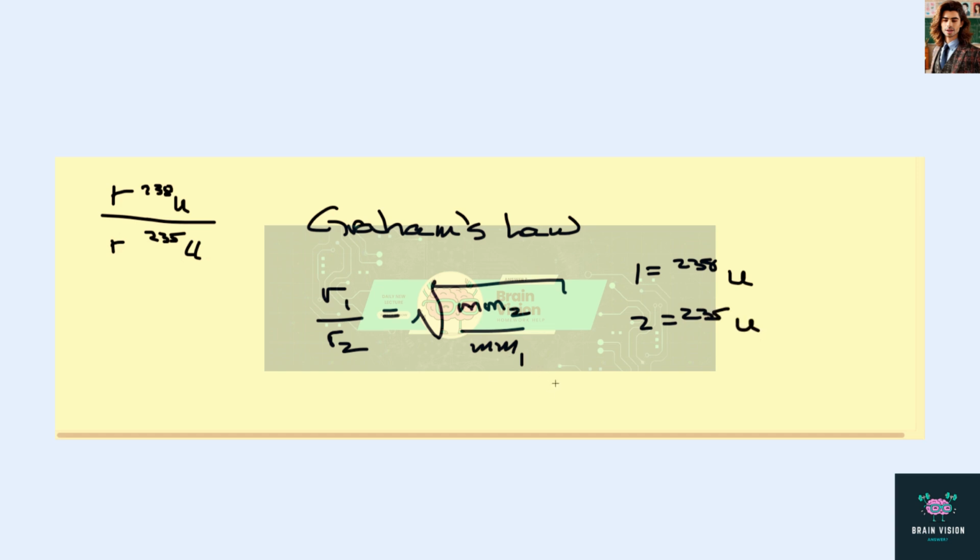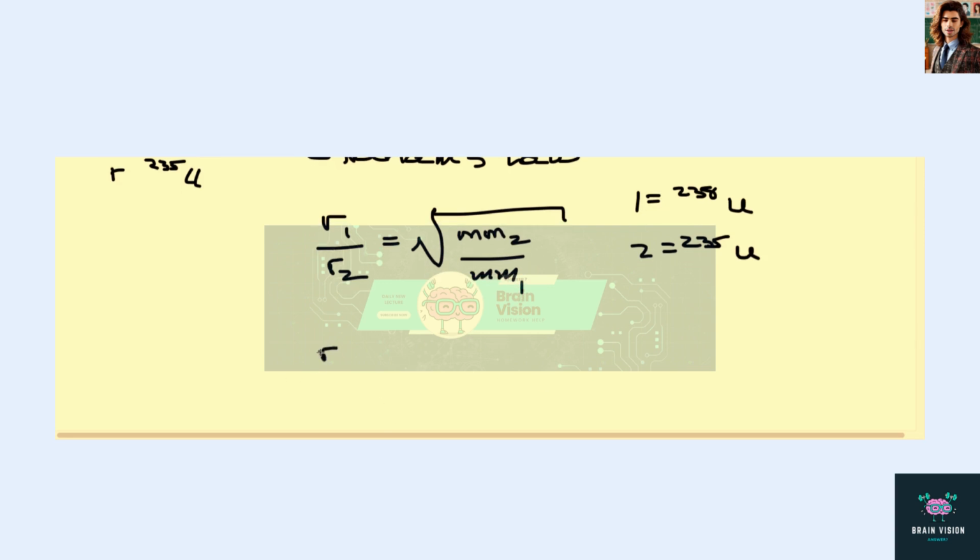So we're given the molar masses, so let's find the ratio of the rates. The molar mass of uranium-235 is 235.054, and for uranium-238, it's 238.051. So if we take the ratio, which is equal to this square root, and we do the math, we can answer this to 6 significant figures.